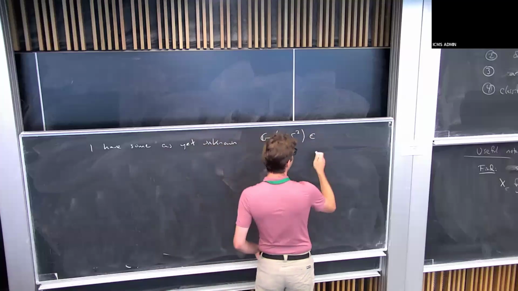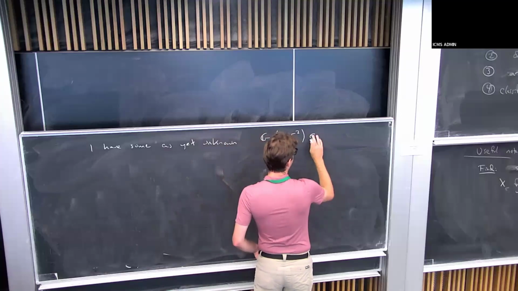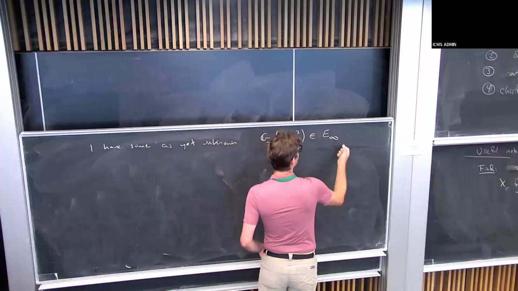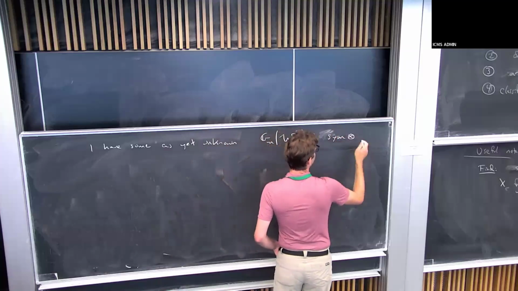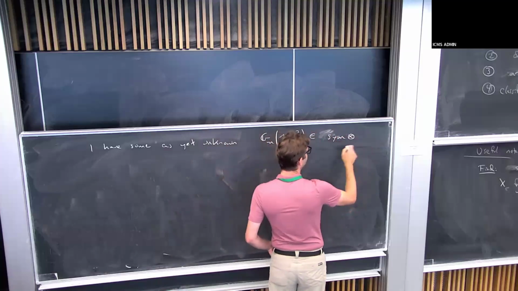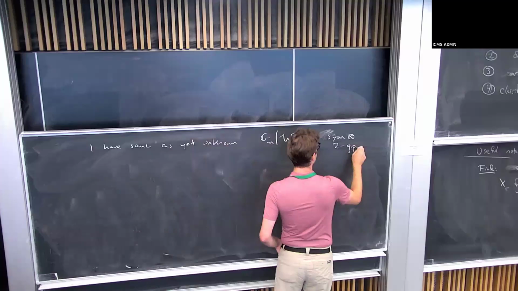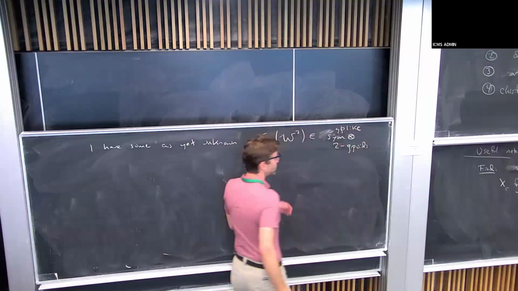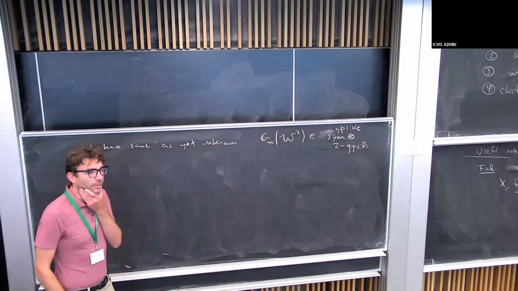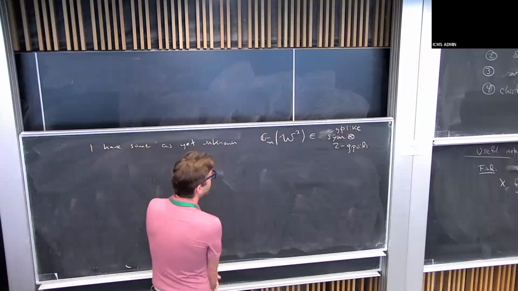It lives in the E infinity symmetric monoidal, whatever you want to call it, group-like E infinity 2-groupoids. That's where this object lives. And I don't know very much about it.